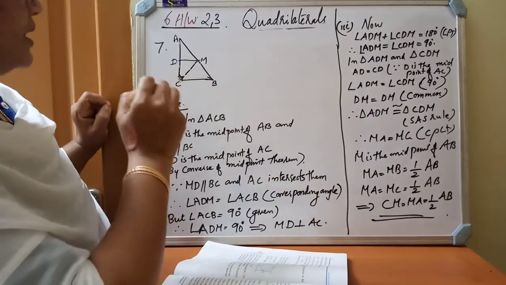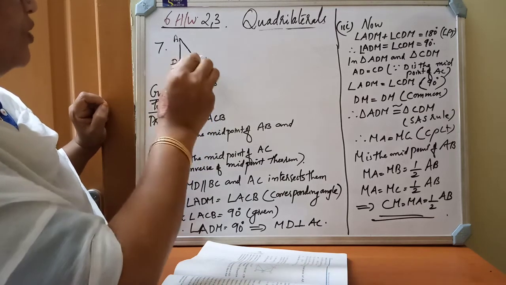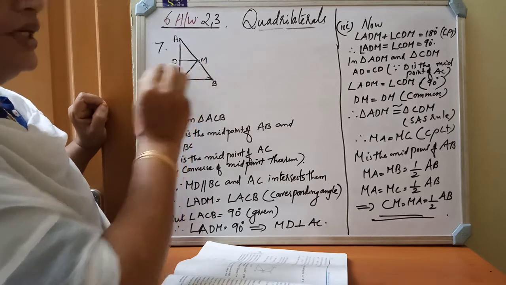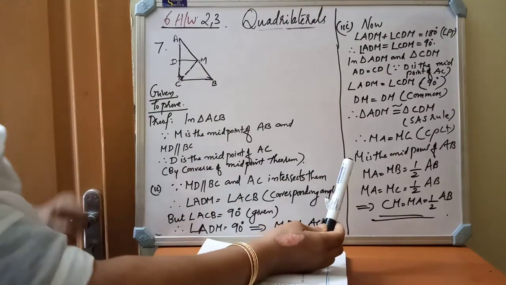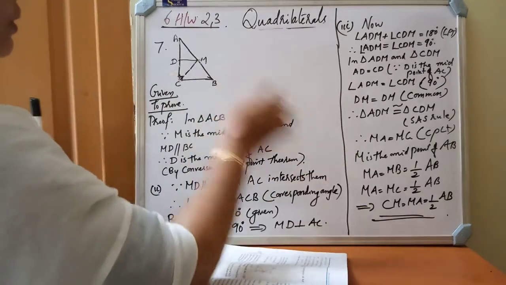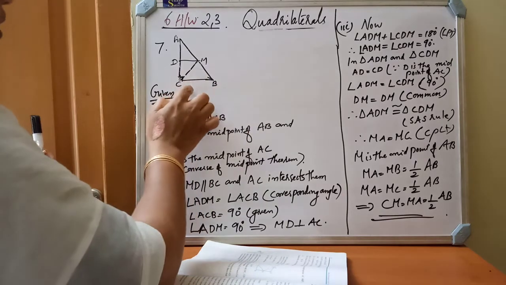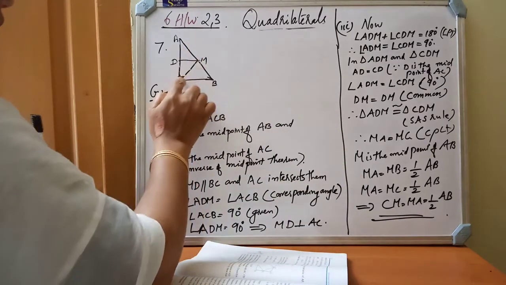These two triangles are congruent, so automatically MA equal to MC by CPCT. M is the midpoint of AB, so MA equal to MB, which is equal to half AB. Here we got MA equal to MC.